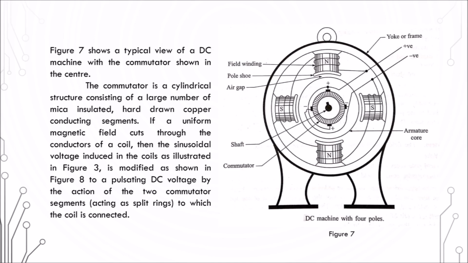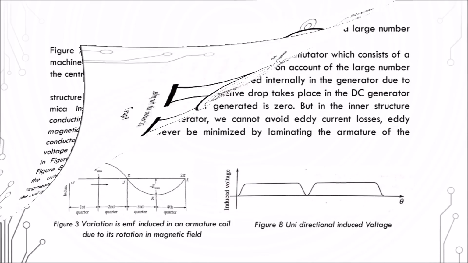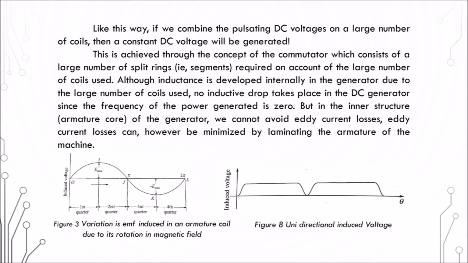If a uniform magnetic field cuts through the conductors of a coil, then the sinusoidal voltage induced in the coils, as illustrated in figure 3, is modified as shown in figure 8 to a pulsating DC voltage by the action of the two commutator segments acting as split rings to which the coil is connected.